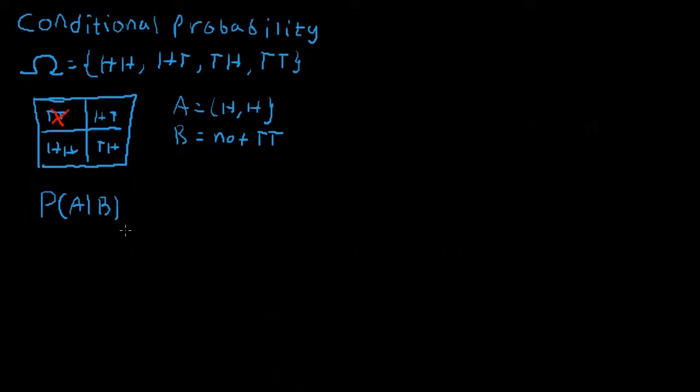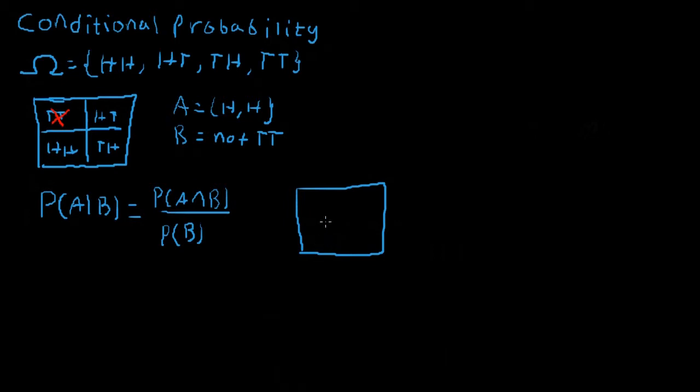Well, here's where we introduce the definition of conditional probability. This is a definition. The probability of A given B for any two events is the probability of A intersection B divided by the probability of B. So what this is saying is that if I know B, then I'm basically making a new omega, a new sample space, by saying I have A, so let's say A is over here, this part of the space, and then maybe B intersects A to some degree, and then this is B. So I'm telling you I landed in here.